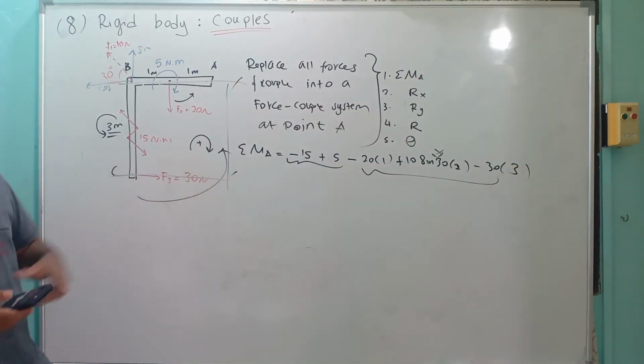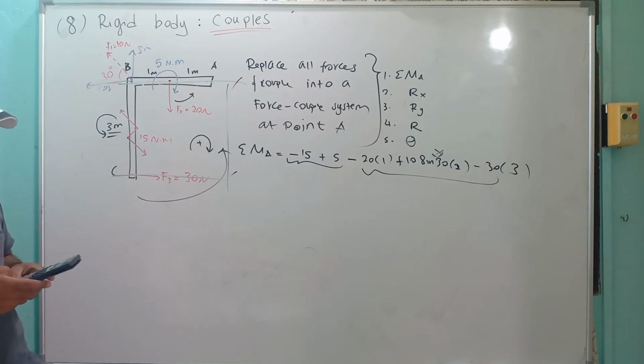So we solve this one, negative 15 plus 5 equal to minus 20, equal to plus 10.